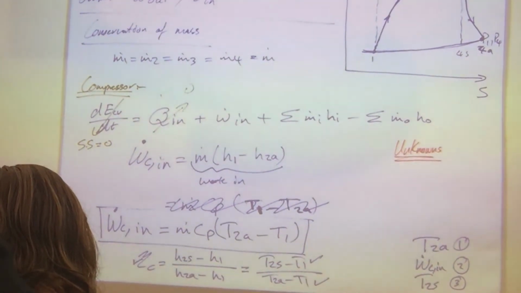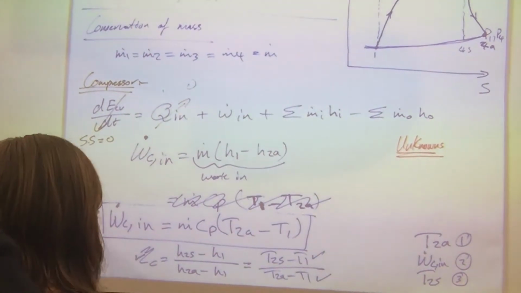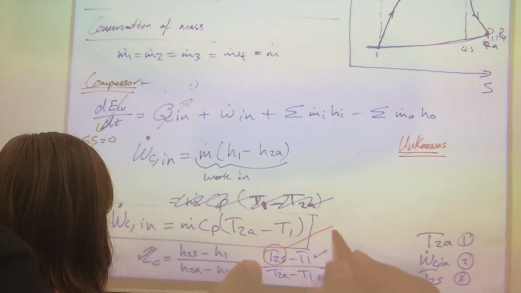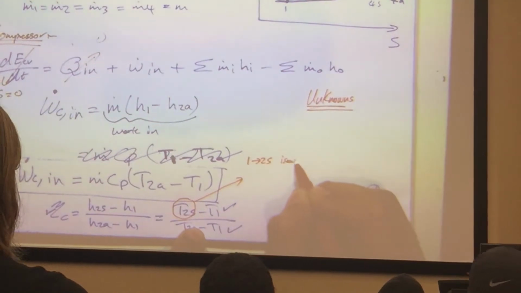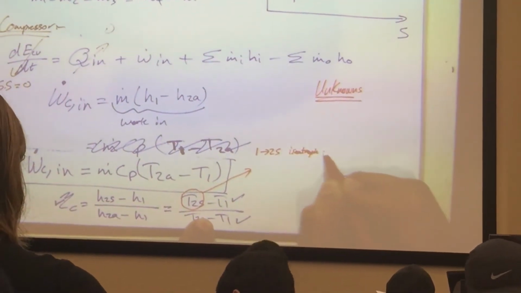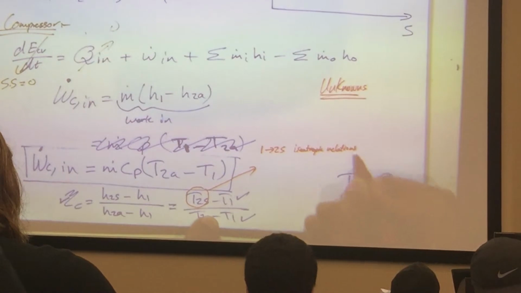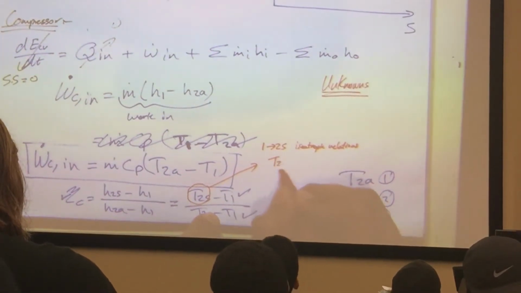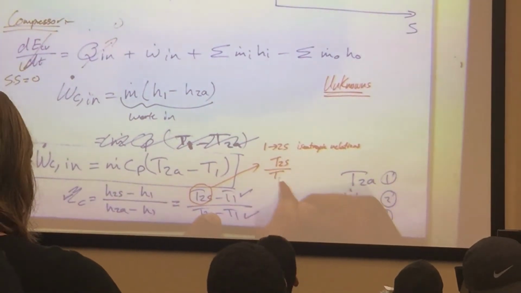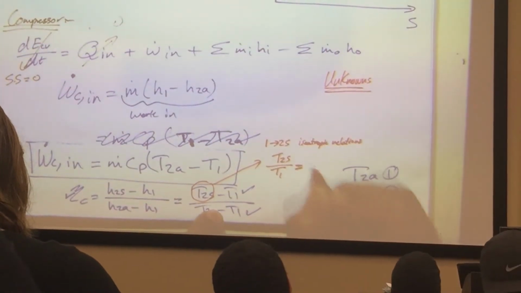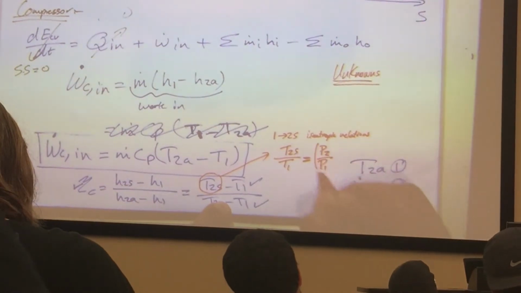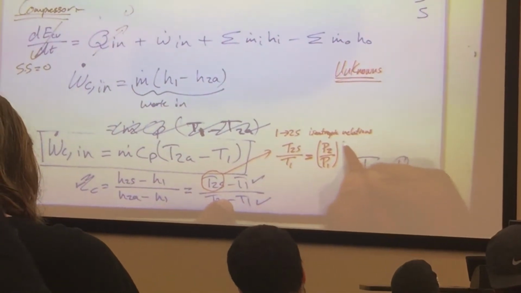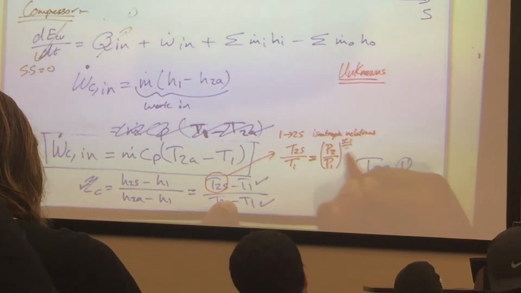I get it from the 1 to 2S isentropic relations, and from there, T2S over T1 is equal to P2 over P1 to the power of (gamma minus 1) over gamma, regular gamma.